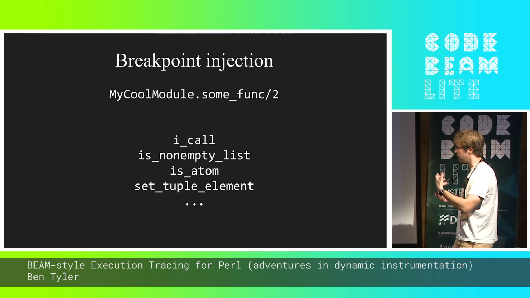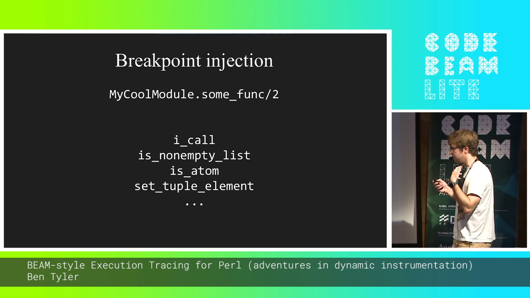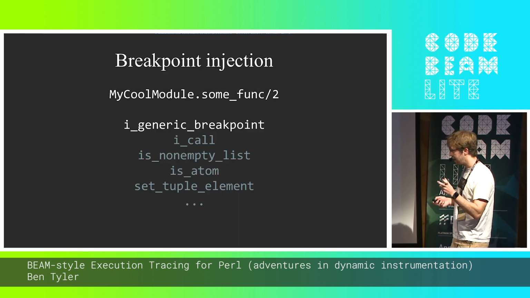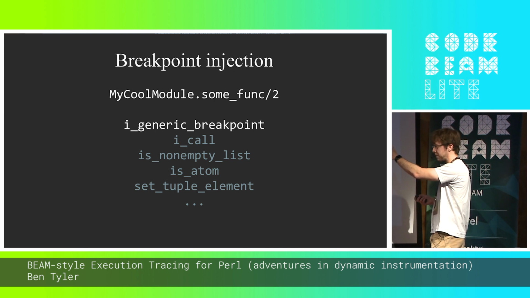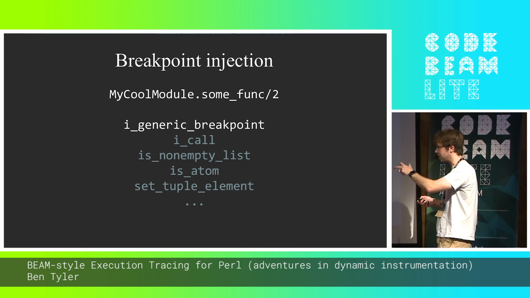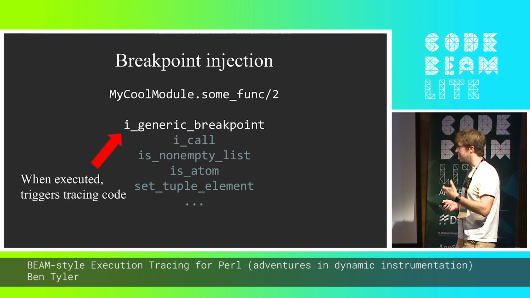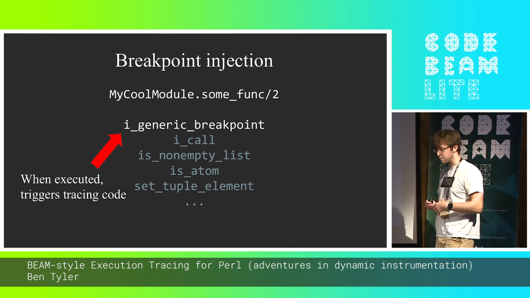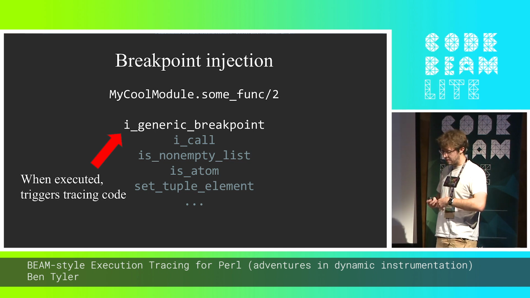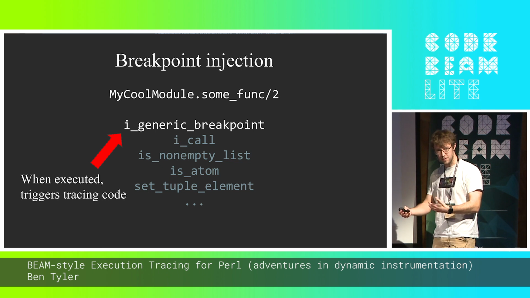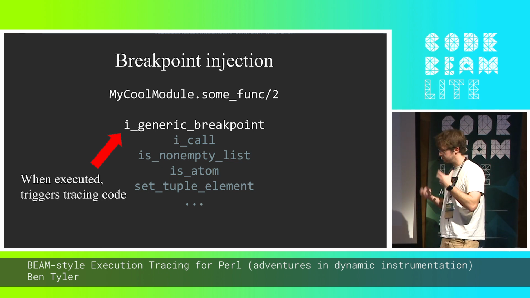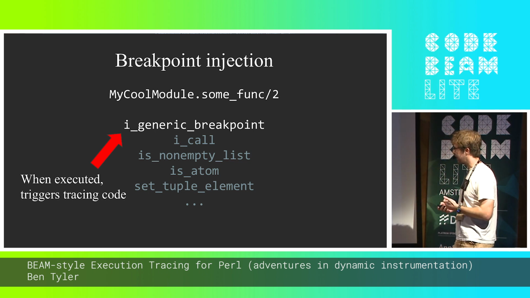When I want to trace this, trace pattern will do a bunch of work and then ultimately inject a new instruction at the top of the function definition, which is the generic breakpoint instruction. When that instruction gets hit, it looks inside the contents of the breakpoint and says, oh, what am I interested in? Let me execute my match spec against this function call.